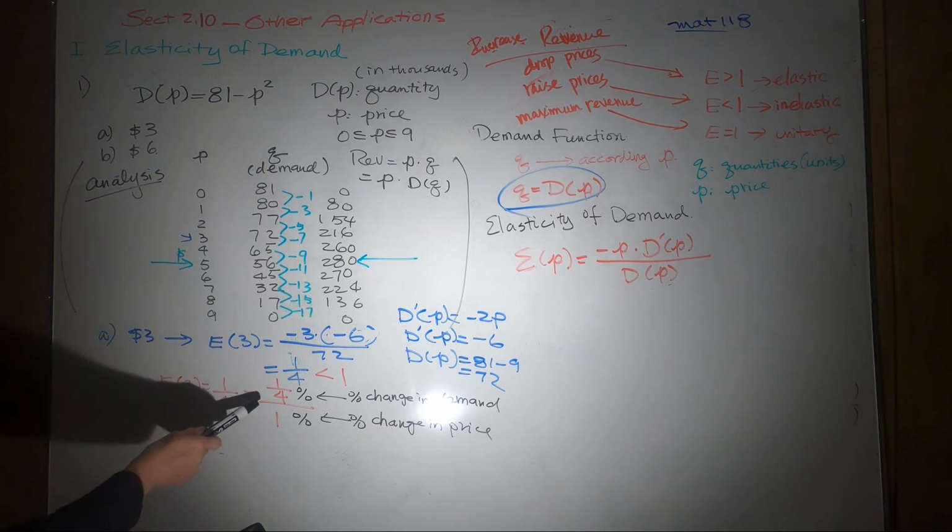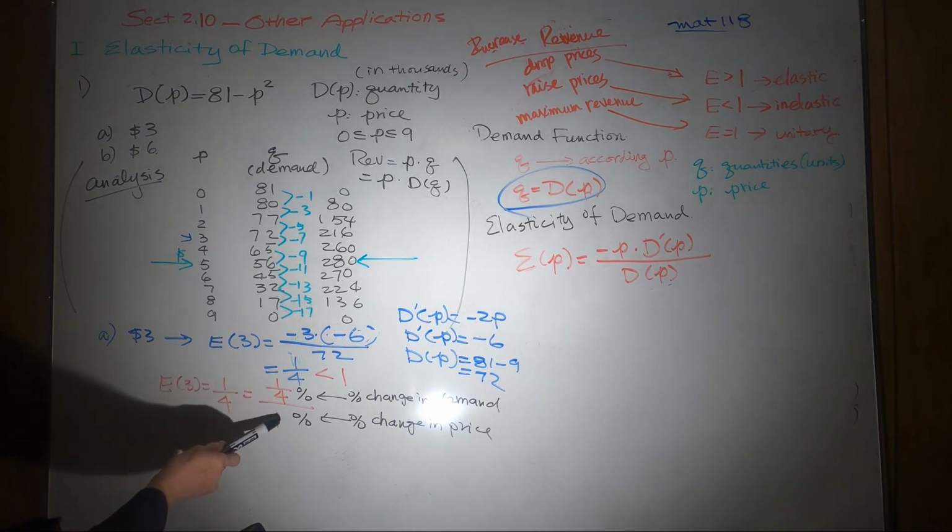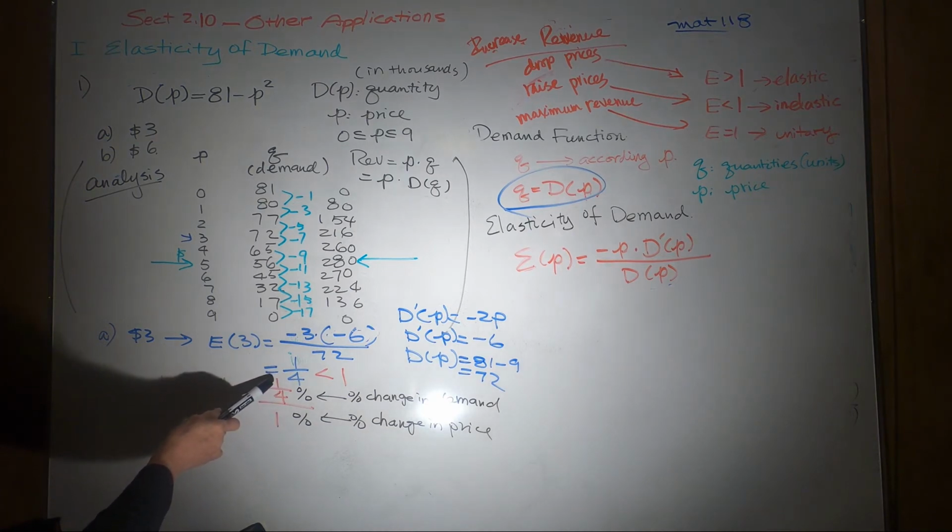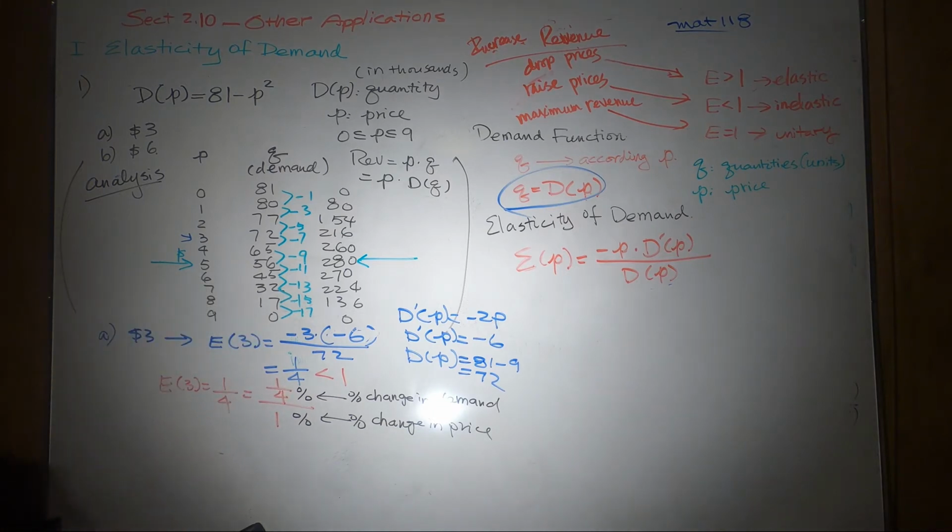That means when you change 1% in price, it only causes what? 1/4% change in demand, very small demand change, right? So it's inelastic. That means you might as well increase the price since it doesn't change the demand much. Then you get more revenue this way. Okay, that's what it's saying.